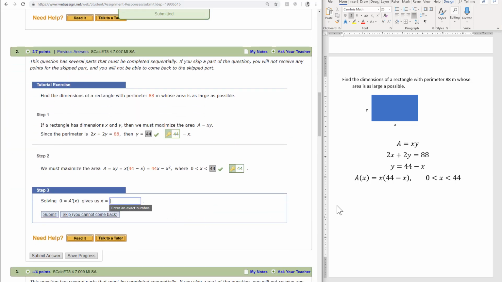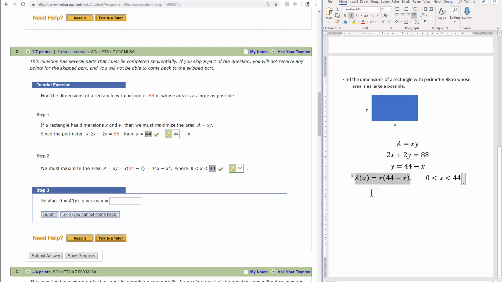So now that we have that, we're going to take the derivative of the A function, and it's probably best if we multiply it all out. That's an easy multiplication, right? So this is going to be 44x minus x squared.